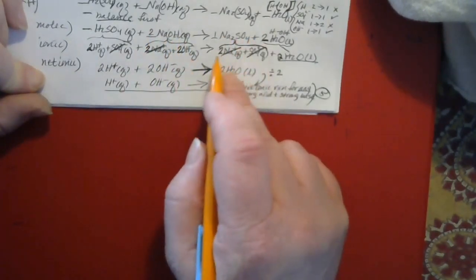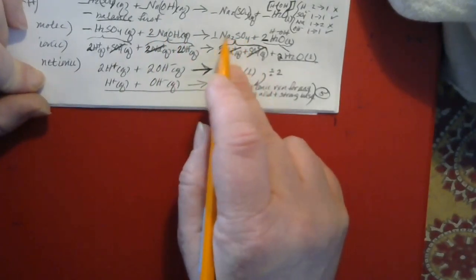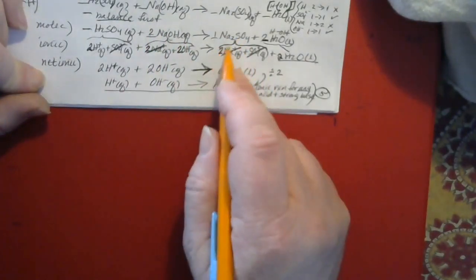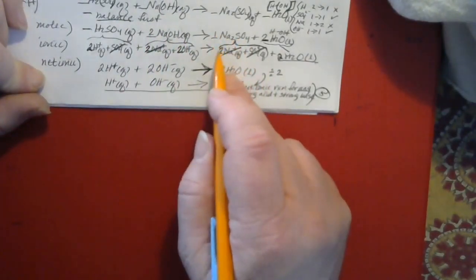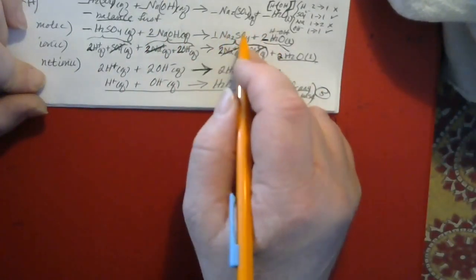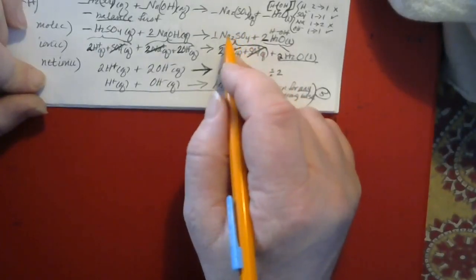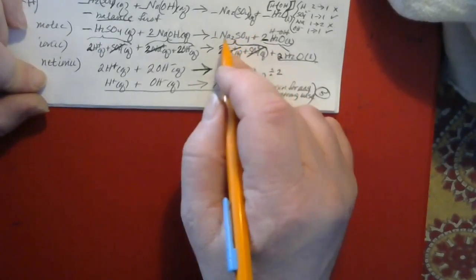For the Na2SO4, that is a soluble ionic compound because you've got a metal and a polyatomic ion. And so you'll have the 2 sodium ions coming off the main molecule. And remember, when the 2 sodium ions are part of the larger molecule, you use a subscript to indicate that there are 2 sodium ions involved.